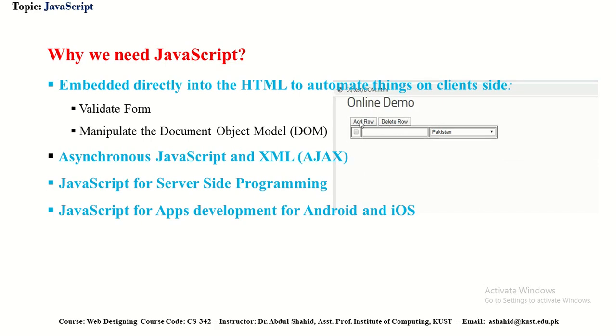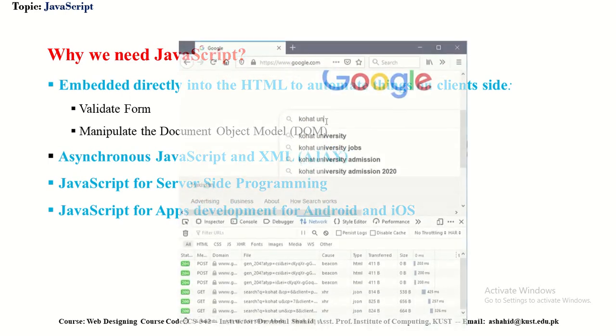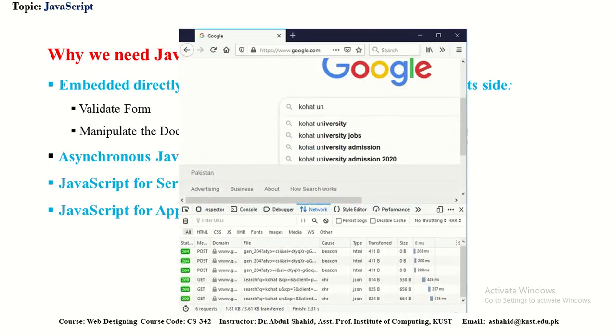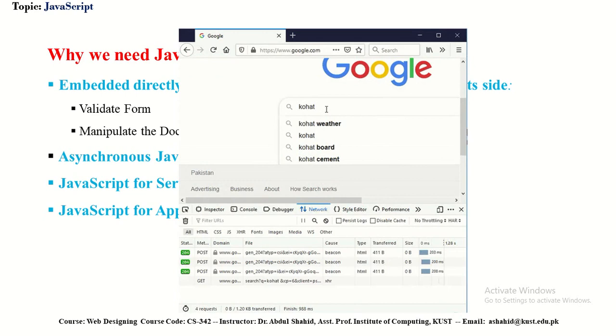Other than this, JavaScript can be used to send requests to the server asynchronously, and that technology is called AJAX, Asynchronous JavaScript and XML. And here you can see another example where the JavaScript importance can be realized. This is an example of Google suggestions.